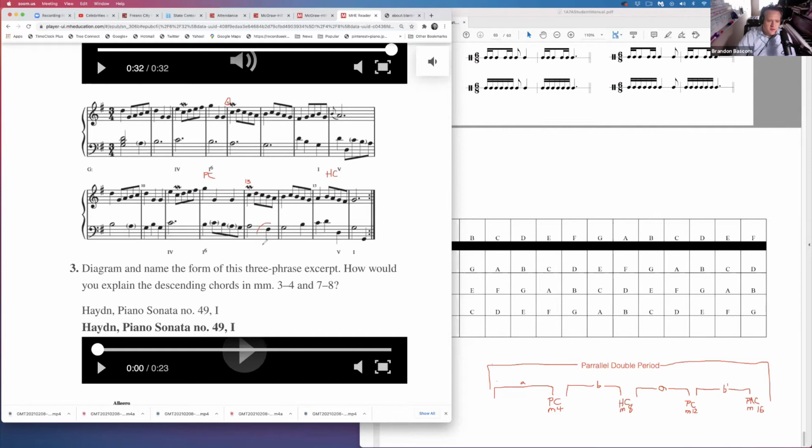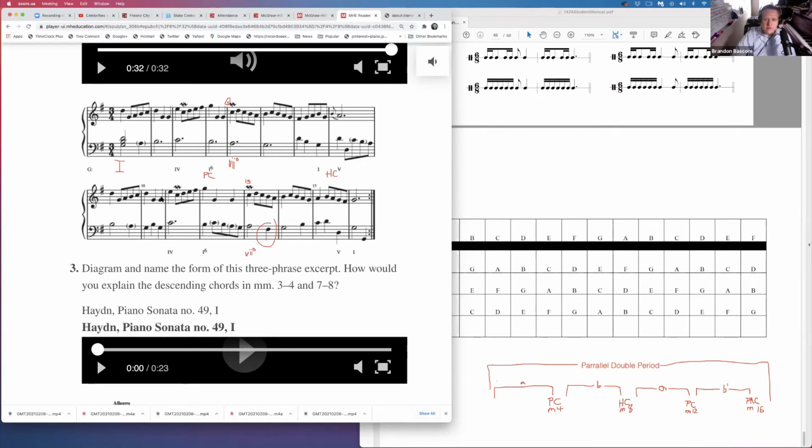We get this additional F sharp here, which makes it what? A leading tone? Scale chord 7. One chord, are we all right with that?